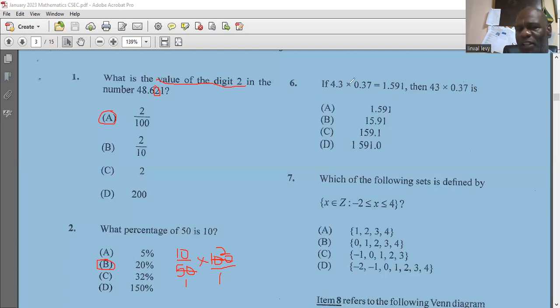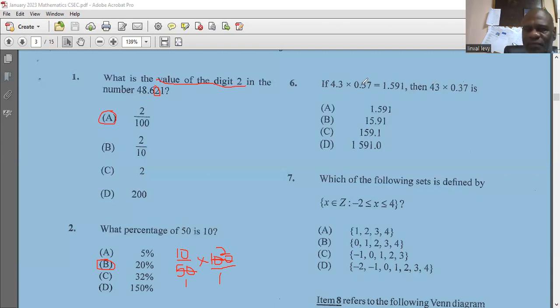They multiplied the 4.3 by 10. If you multiply the 4.3 by 10, you'd get 43. Notice that the decimal point is moved one place to the right. So in this case, you'd have 2 places of decimal.